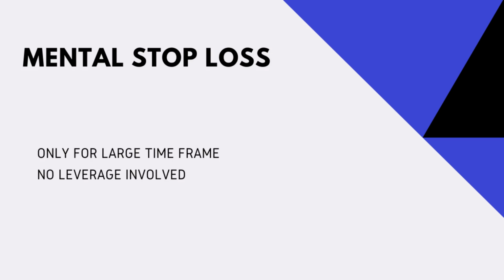There is also a mental stop loss order, which is also called a discretionary stop loss order, and this is only for very advanced professional traders who are not using any leverage, and usually they are buying stocks like, let's say, Warren Buffett does. So I'm pretty sure that he's not using any of the stop loss orders that I've described before.